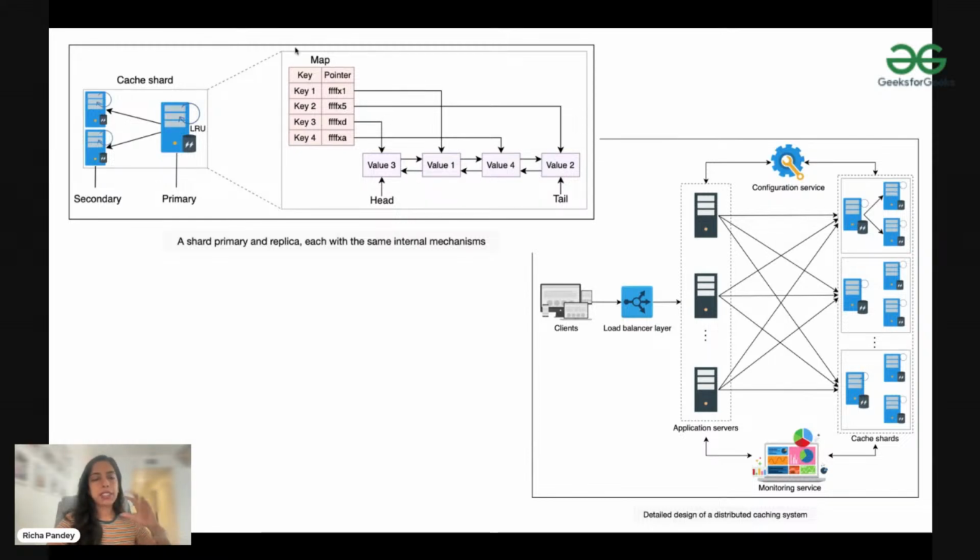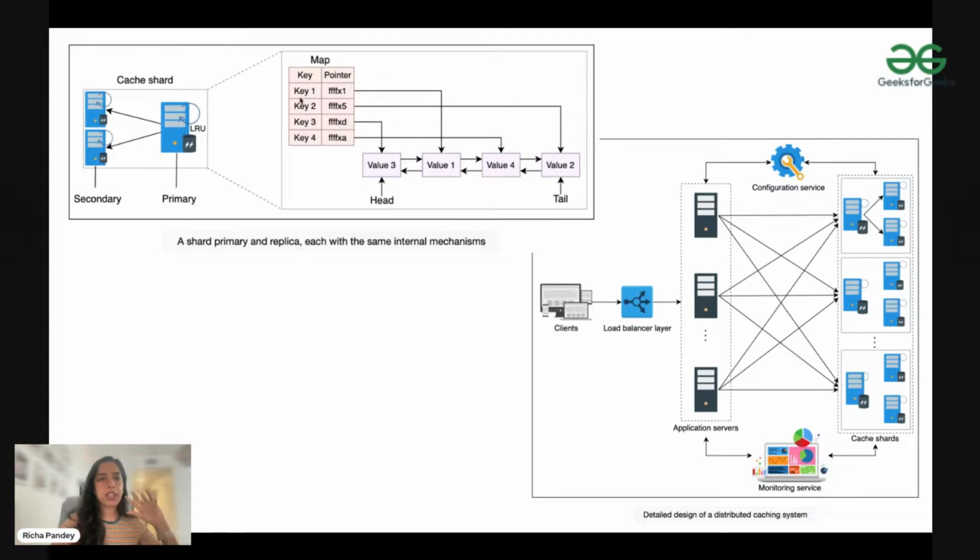Inside the cache, you can see there is a map and a linked list kind of structure. The map basically tells you, let's say you are given a user and you have to fetch all the data related to the user. Here the key will be the username and the value in the map will be the address where that user related data is stored in the cache.